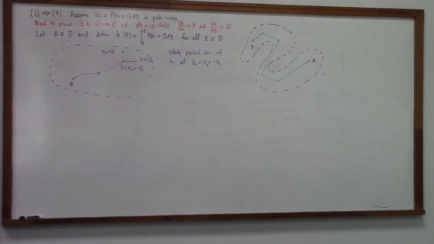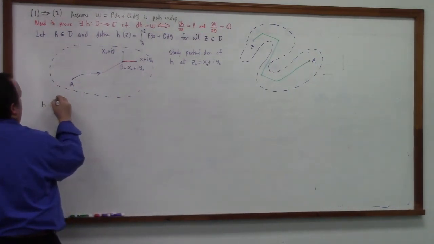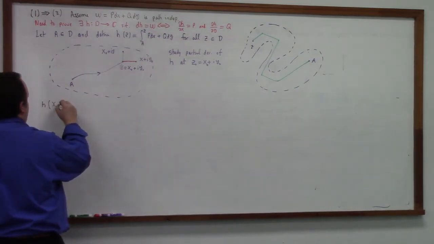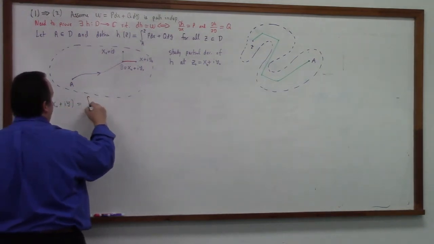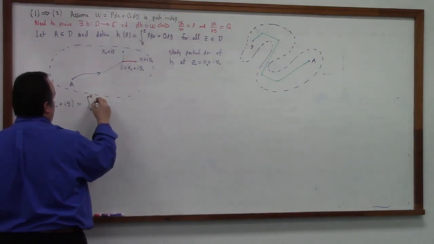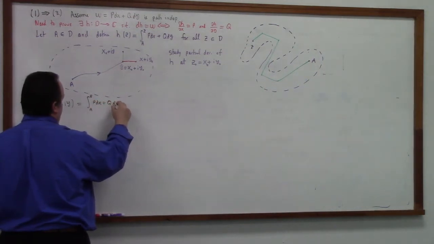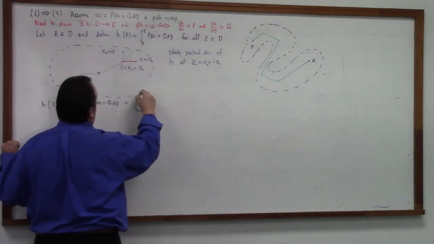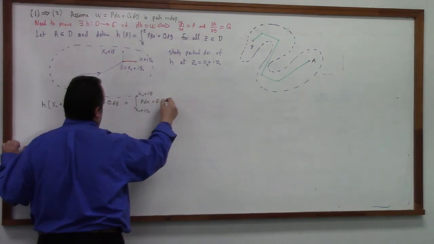And if I look at h of x naught plus iy, it should be equal to the integral from a to b of p dx plus q dy, plus the integral from x naught plus iy naught to x naught plus iy of p dx plus q dy.